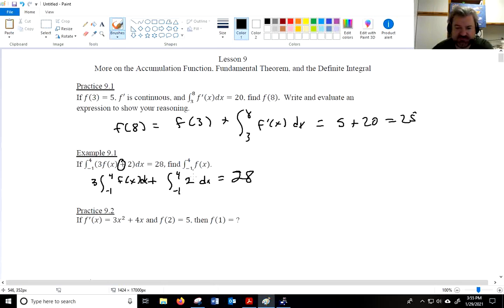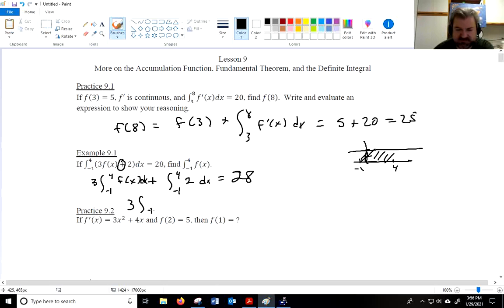Now, we could actually do this using our integration, but there's really no point. It's just a horizontal line with a height of 2, and we're looking at the area from negative 1 to 4. Do you see that that makes a rectangle with a base of 5 and a height of 2? So that's just 10.